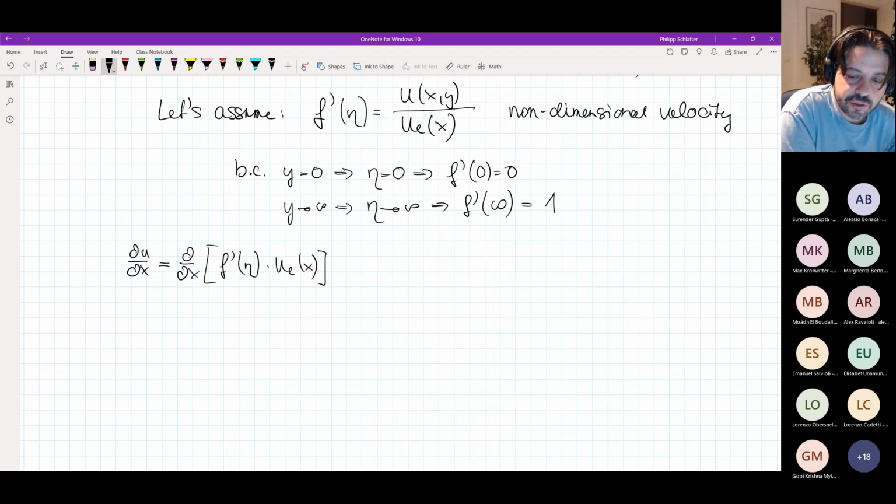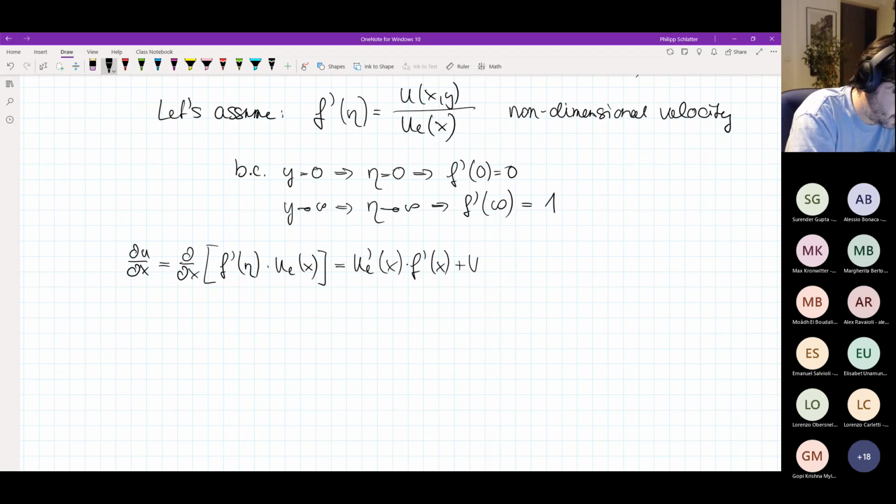And now I can use everything I know about derivatives. I can just perform this derivative. It's a product, so I need to use the product rule. So that gives me ue prime as a function of x times f prime of x plus ue of x times the derivative of f prime with respect to x. But of course, this is a function of eta, so I need to use the chain rule.